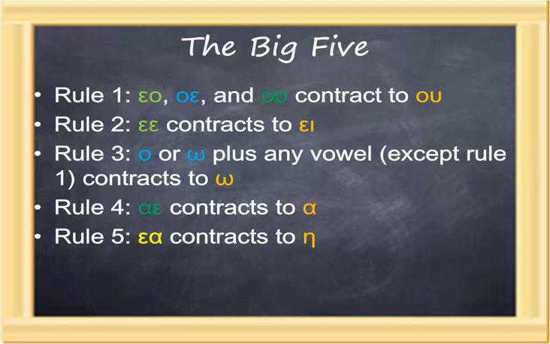These rules have only to do with an explanation for the forms as we see them in Greek literature. Contractions have nothing to do with meaning. A first-person plural is the same whether it's with a contracted verb or a non-contracted verb when it comes to translation.